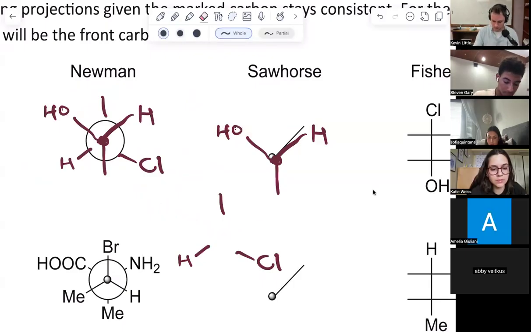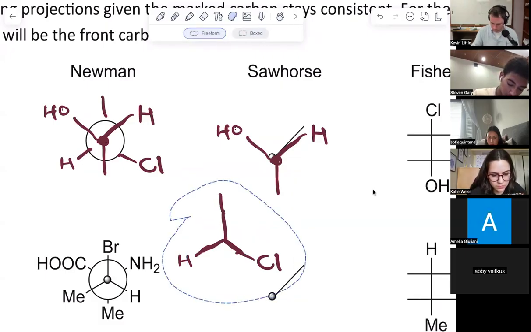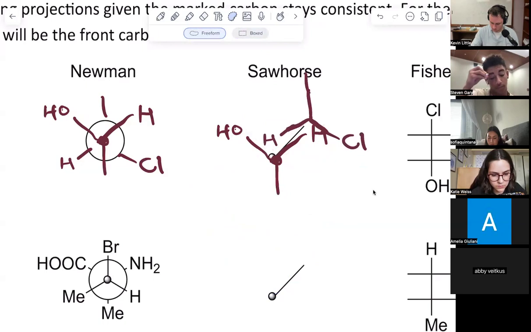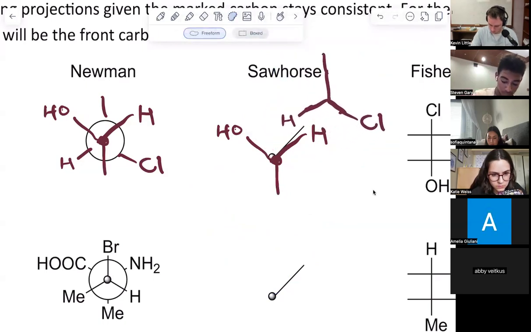All right, you've seen what I've done. I just have my two Y's from my Newman projection. I'm going to make this bigger just so it's easier to see. That's all the sawhorse is.